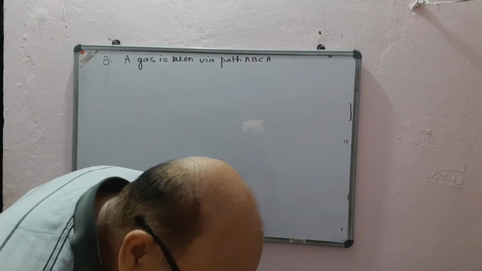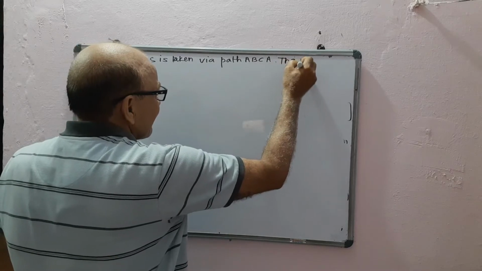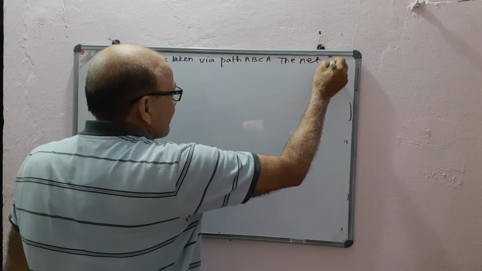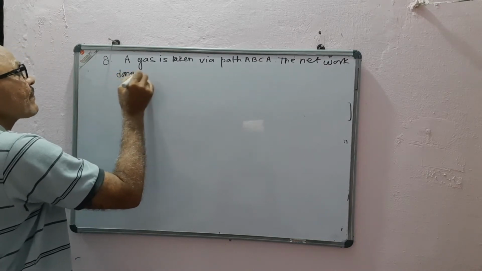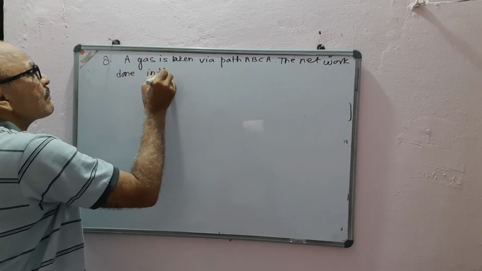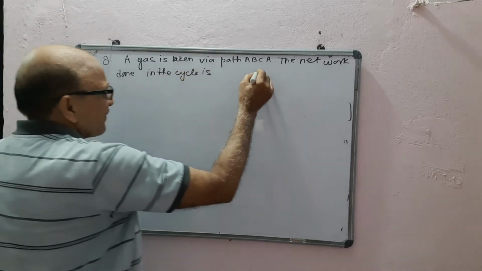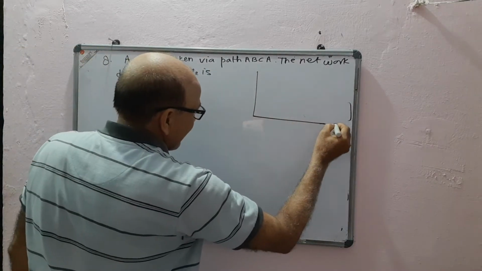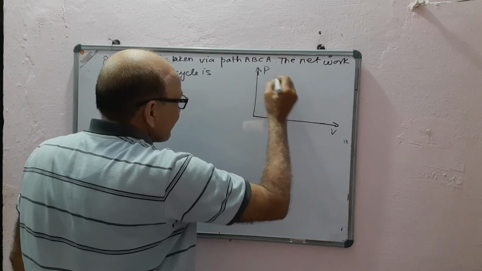The net work done in the cycle is... First the question is this one. This is the volume axis, pressure axis.